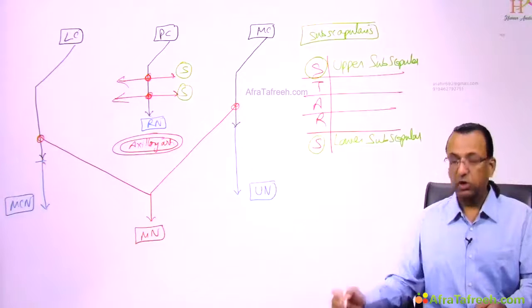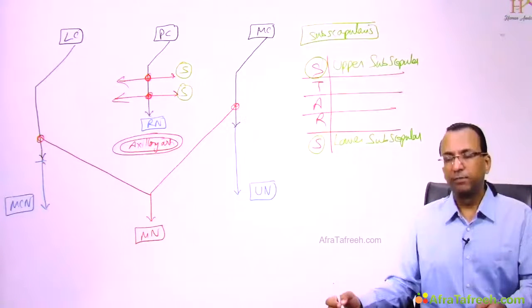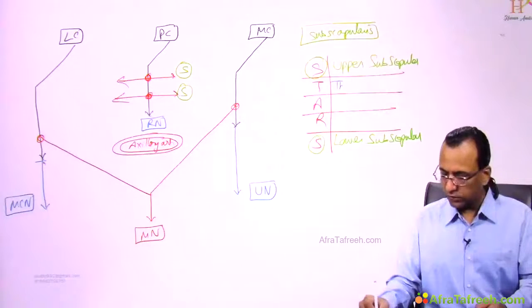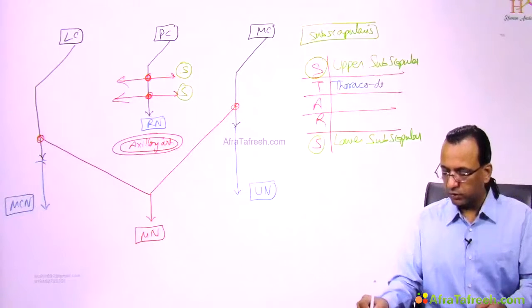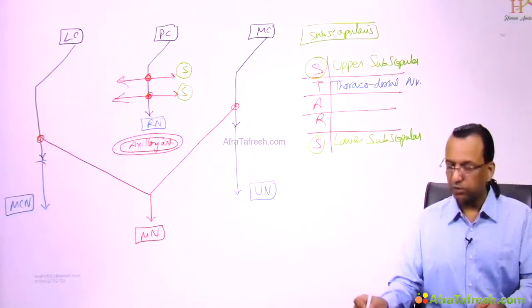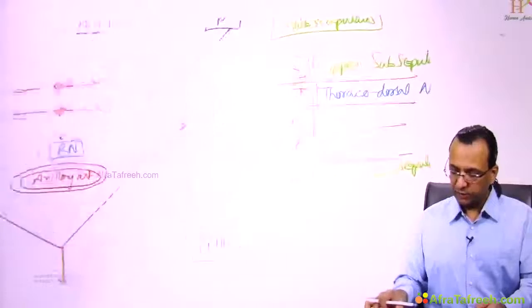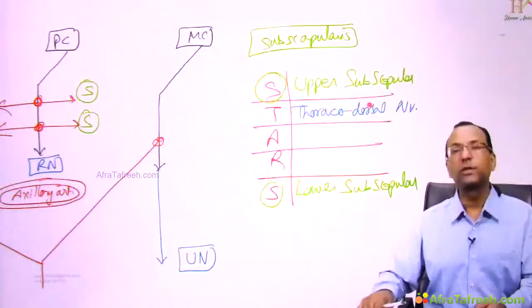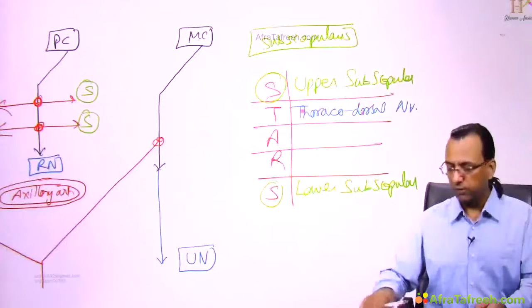Okay, then what about the other part? You see, T is for the thoracodorsal nerve. It is going dorsal to the thorax. Why is it going dorsal to the thorax? To supply a muscle of the lower back. And who is that muscle of the lower back?